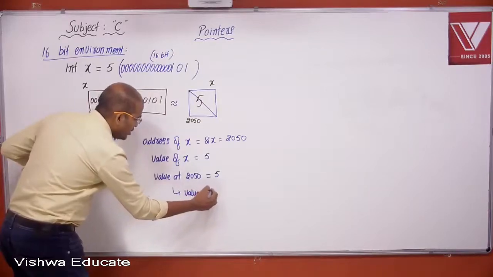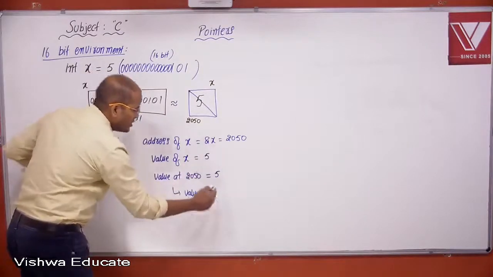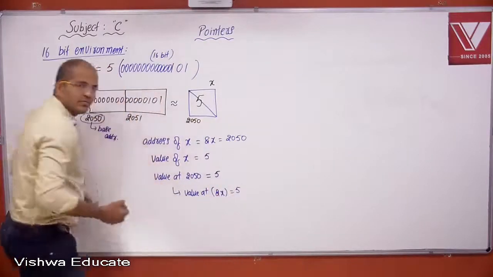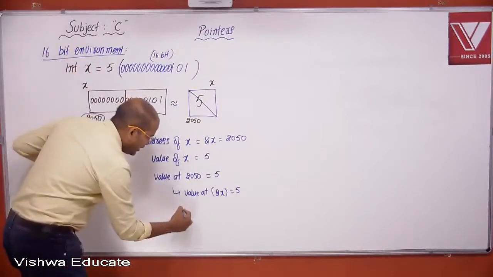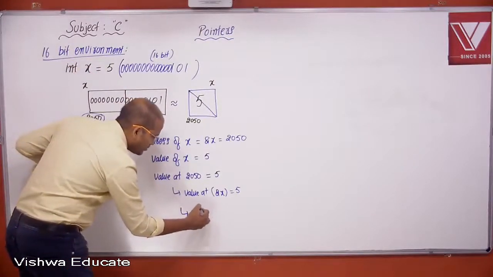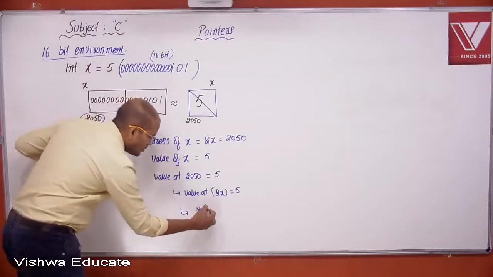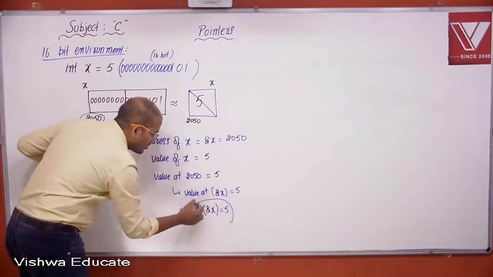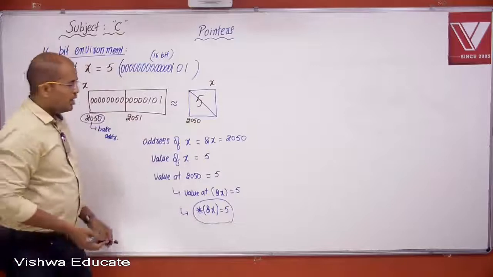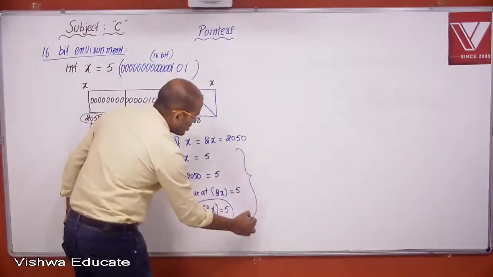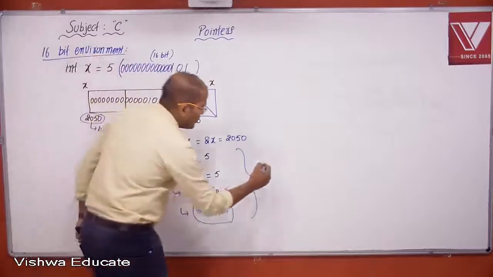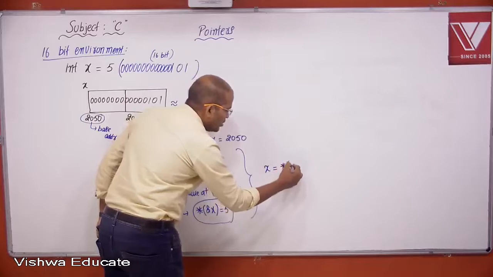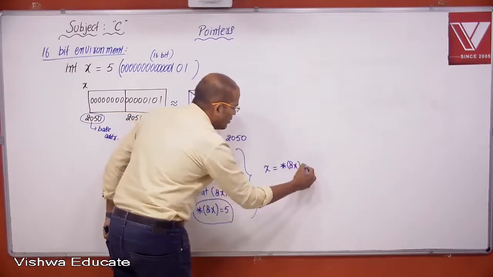So value at this 2050 is nothing but value at address of x. So value at address of x is 5, right? And I can write value at by an operator, asterisk. So from this, we say that x is the same as value at address of x, which is the same as 5.